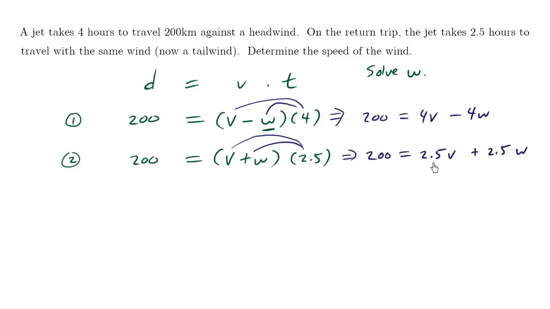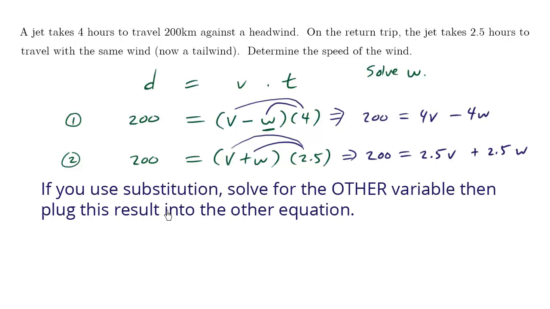Now normally I like using elimination when these numbers are nice whole numbers, and we have decimal numbers here, so I'm just going to use substitution. To use substitution, use the opposite variable. So we're trying to solve for w, so we're going to actually solve for v in one of the equations. If you use substitution, solve for the other variable, then plug this result into the other equation.